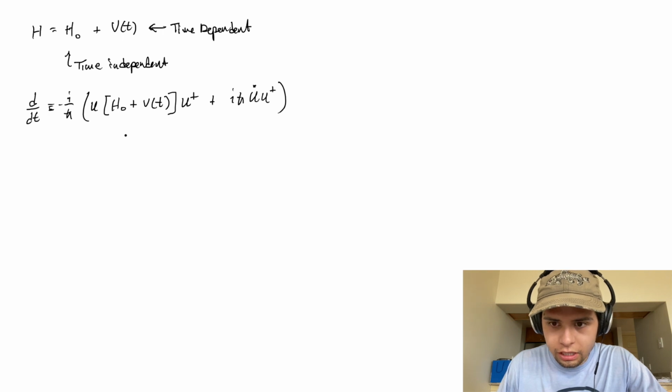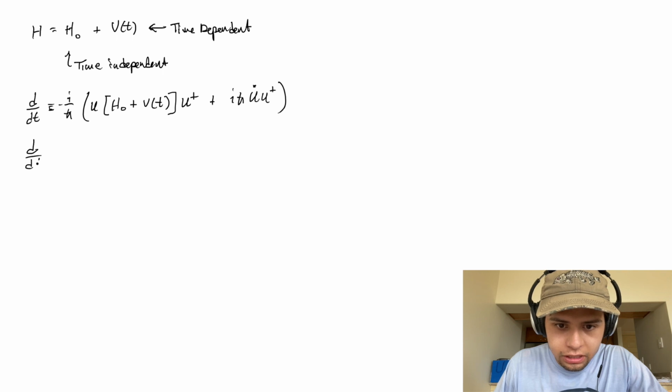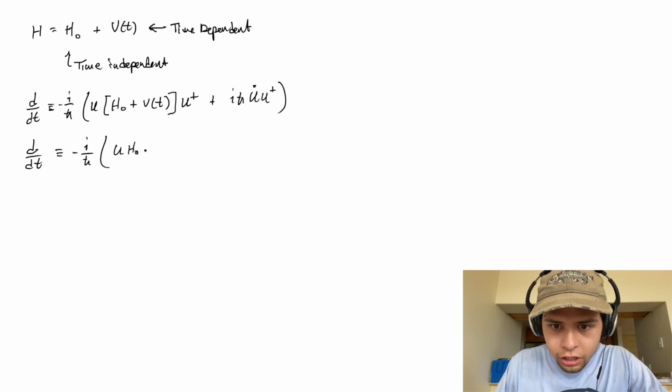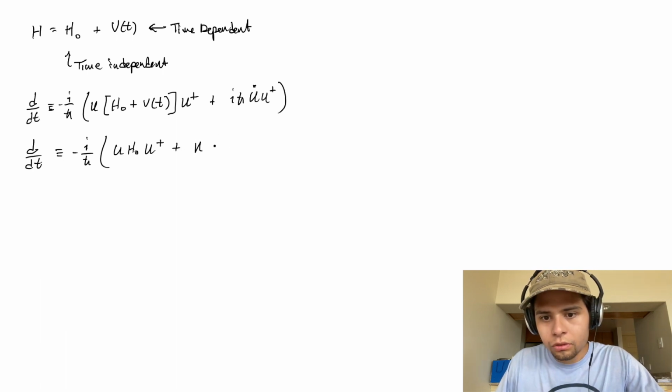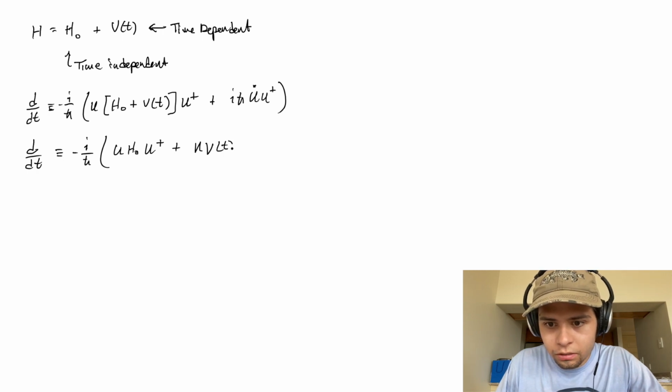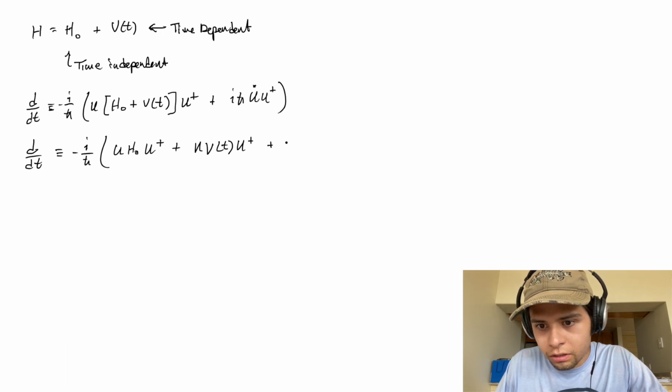So we want to take a look now at what this object is. Because if we multiply this out, d/dt is equivalent to i h bar U H naught U dagger plus U V(t) U dagger plus i h bar U dot U dagger.